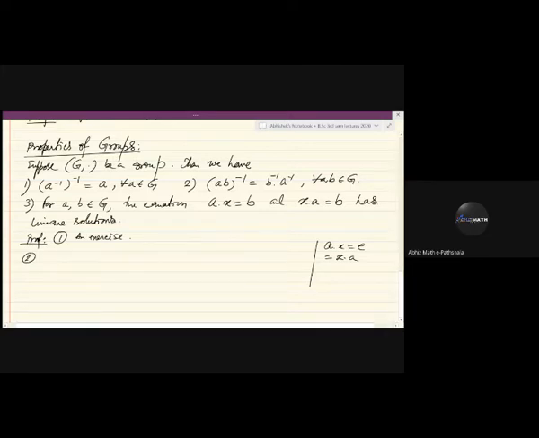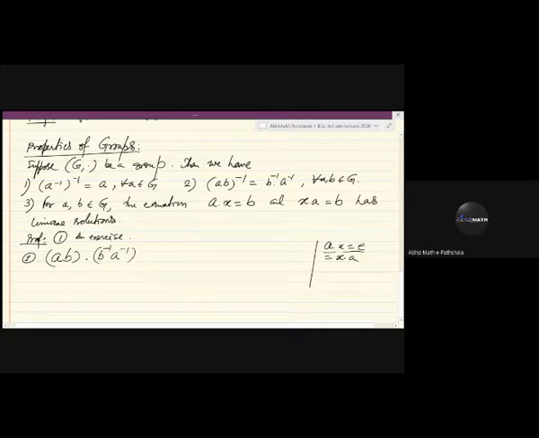So to find out the inverse of AB, our trick is to consider this equation for the element AB. So in place of A, we take AB and then just put B inverse A inverse.